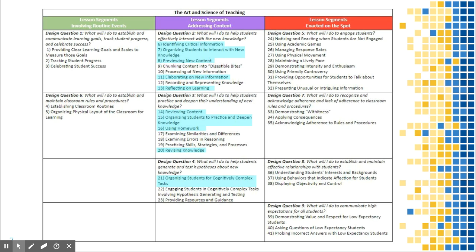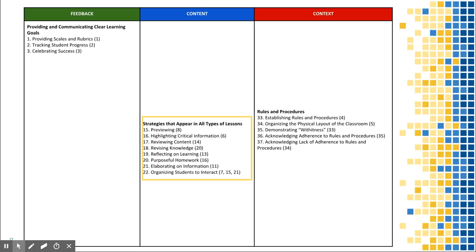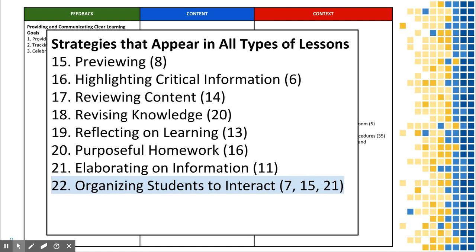So that brings us to that middle column, and these elements that have been highlighted in blue are now a new category that occurs across all kinds of lessons, and it's actually called strategies that appear in all types of lessons. You'll notice element number 22 is a new element that has combined elements 7, 15, and 21 from the original placemat.